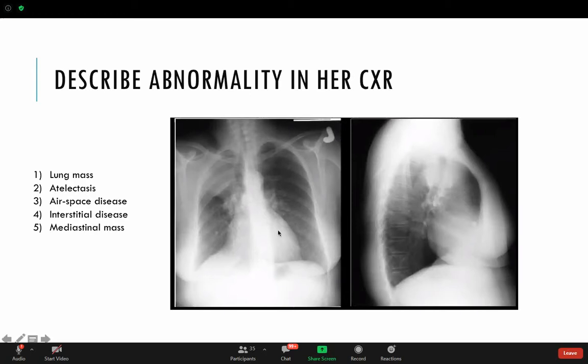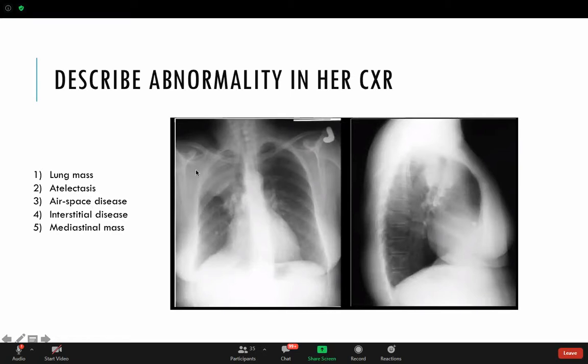Okay, so number 2. You guys see this whitening, but also you see that there is a shifting in the trachea. So something is pulling the trachea toward the right side, and this is most likely atelectasis. Why is there atelectasis? You see this whitening here. Maybe this patient has some kind of malignancy collapsing the bronchioles and leading to atelectasis.